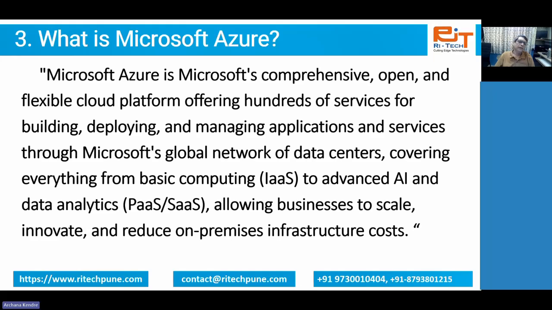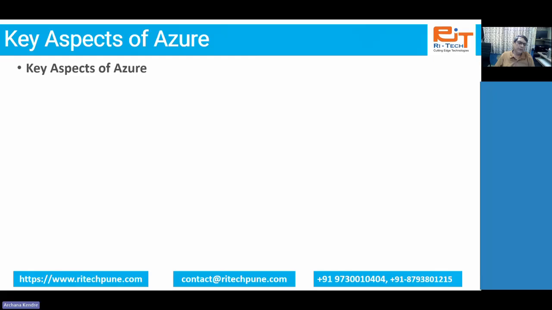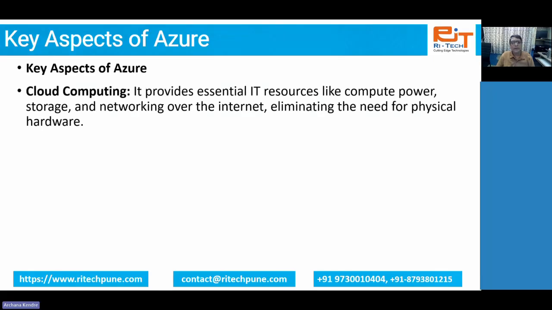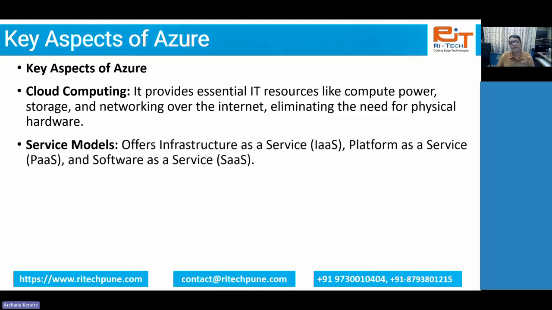Right. Now, key aspects of Azure, so why Azure is popular. Cloud computing provides essential IT resources like compute power, storage, and networking over the internet, eliminating the need for physical hardware. Azure offers cloud computing service models: infrastructure as a service, IaaS, platform as a service, PaaS, or software as a service.